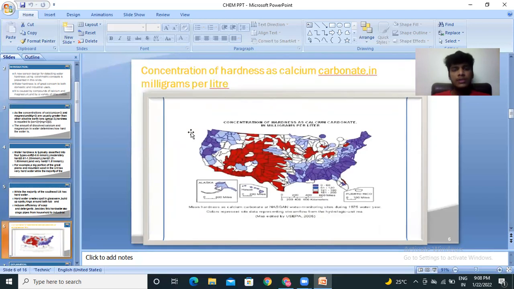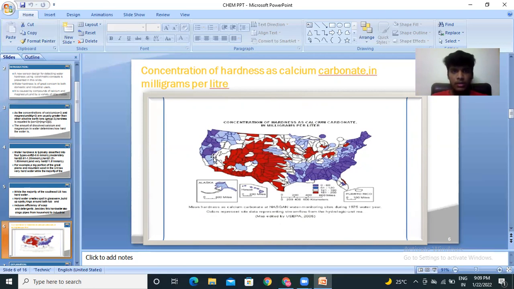This is a picture of concentration of hardness as calcium carbonate in milligrams per liter. Now you can see here 0 to 60. This is the concentration in this area.